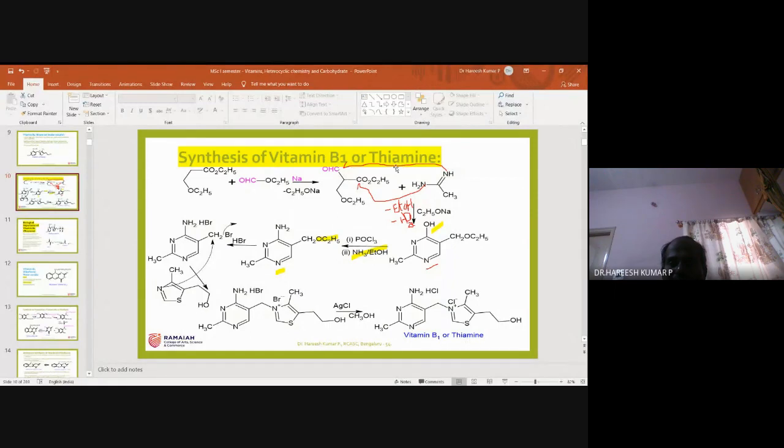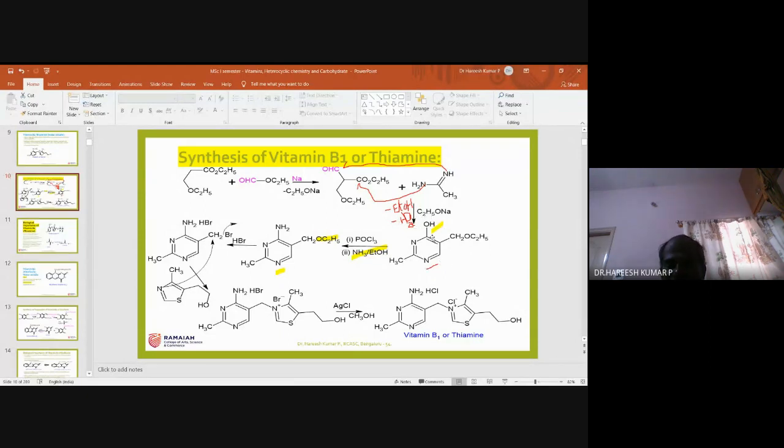Once there is a bond formation, this C double bond O is converted into COH, and 1H from here, OH will go out as water, removal of water. So the obtained one is called pyrimidine.